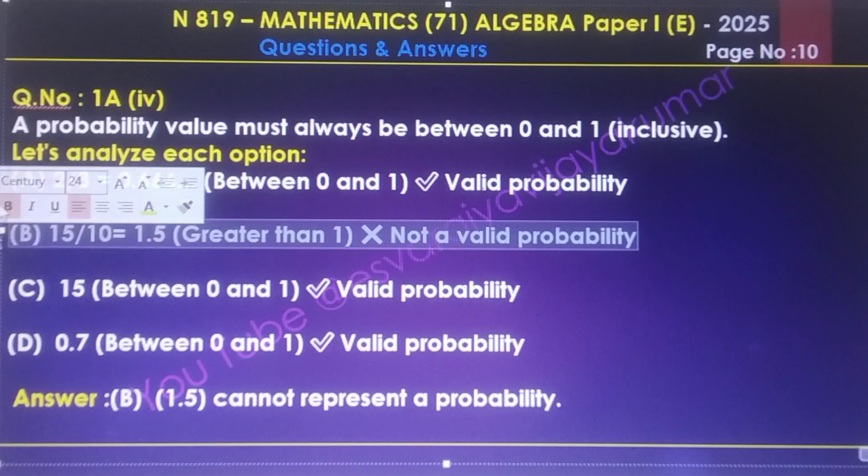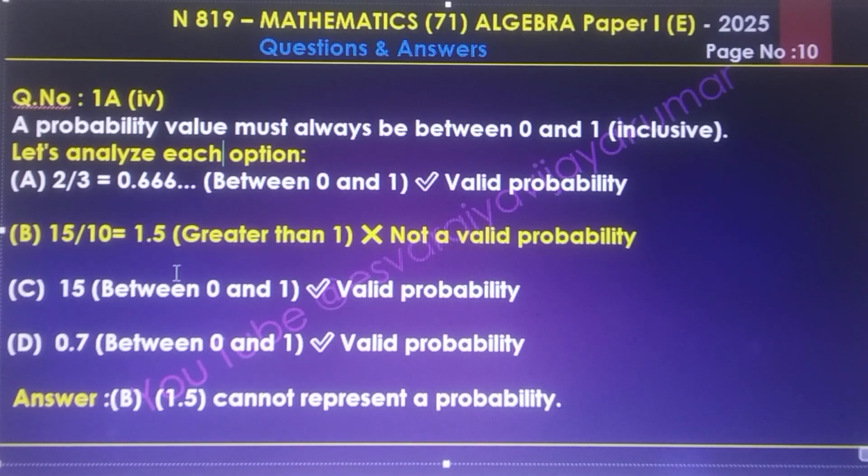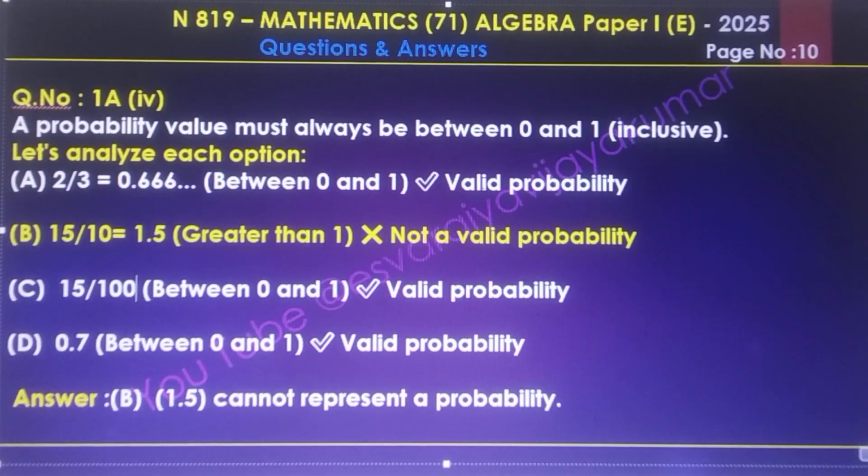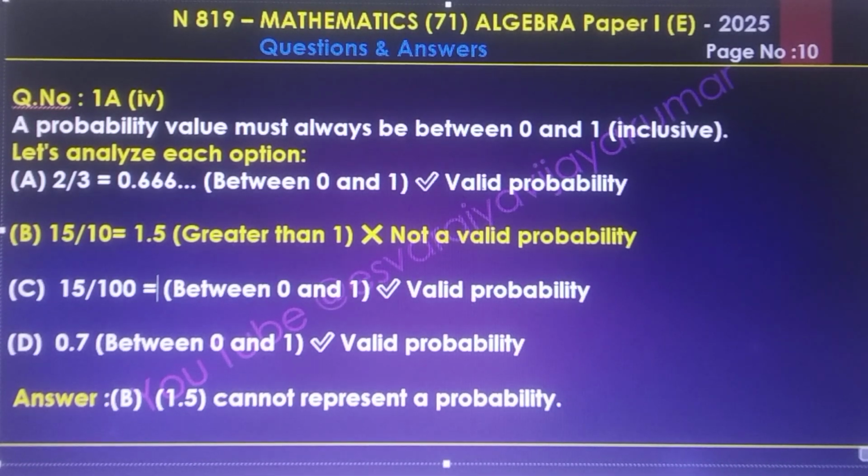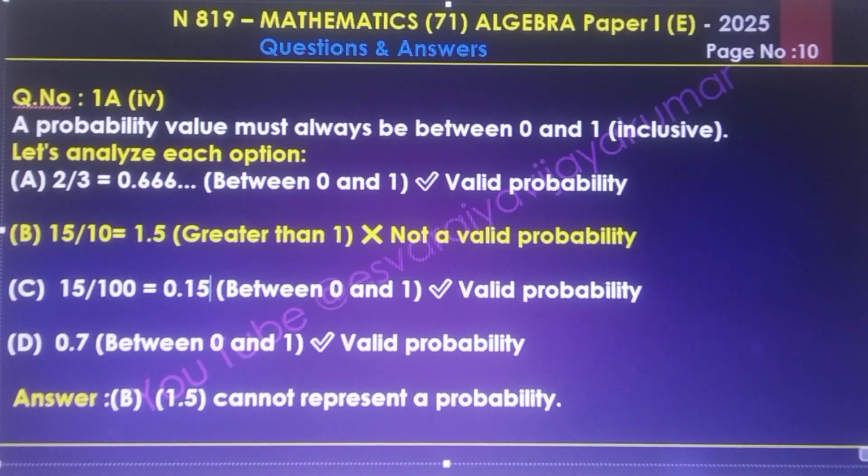That is the final answer. 15 percent is also a valid probability, because 15 upon 100 equal to 0.15, which is between 0 and 1.